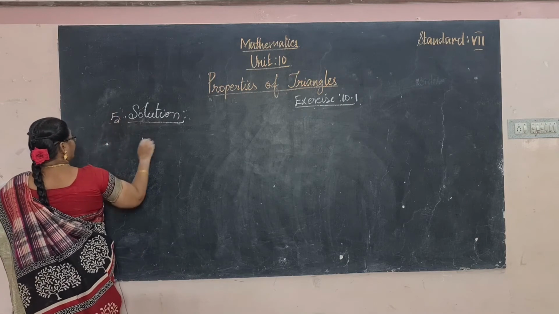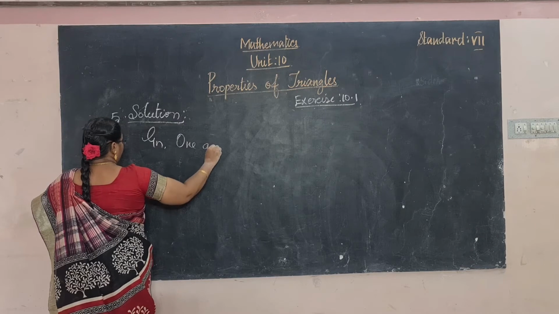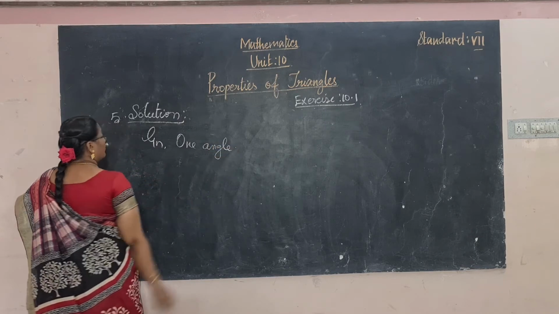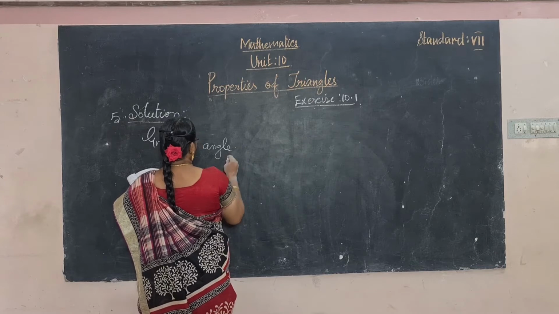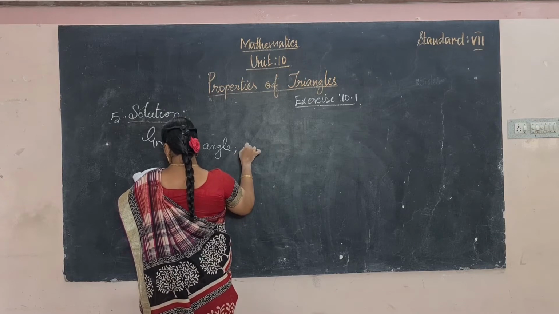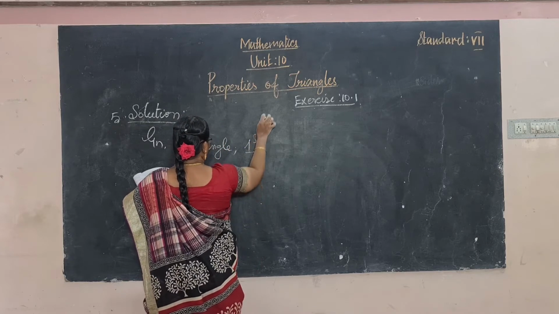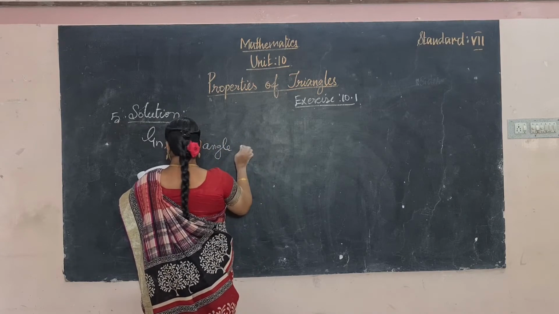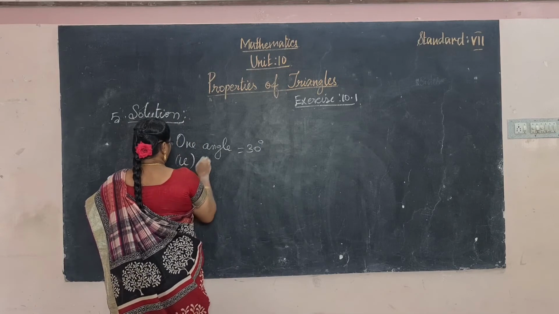Fifth one, given one angle. Let me consider the first angle: one angle is equal to 30 degrees. That is the first angle you have considered.